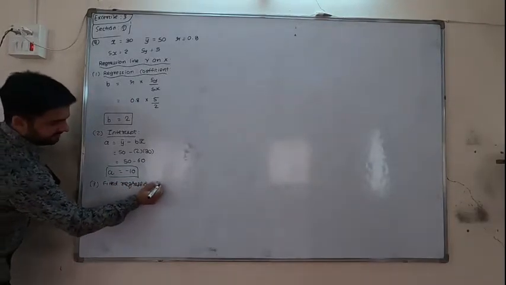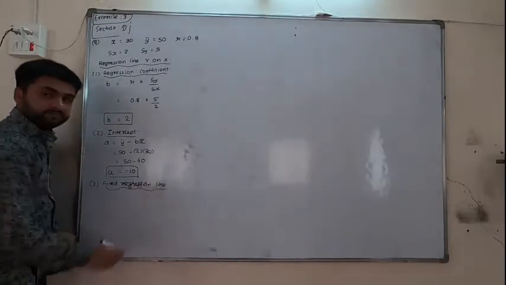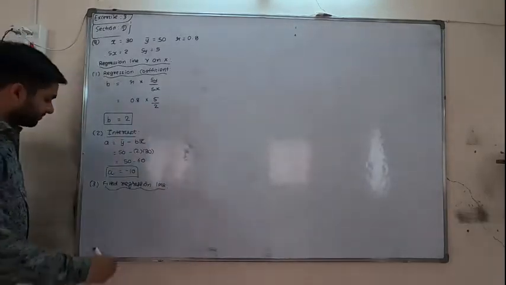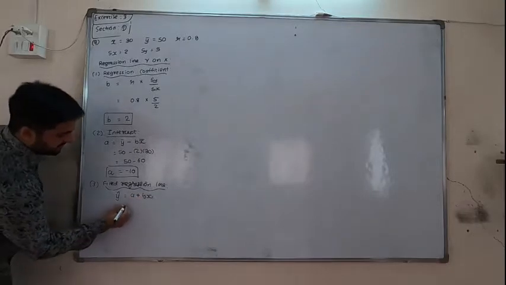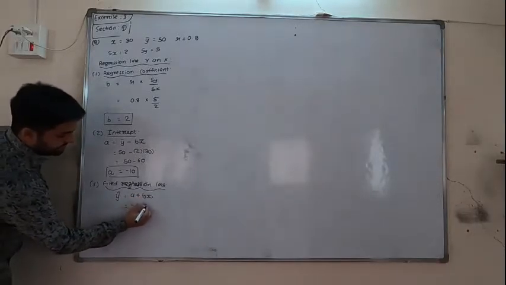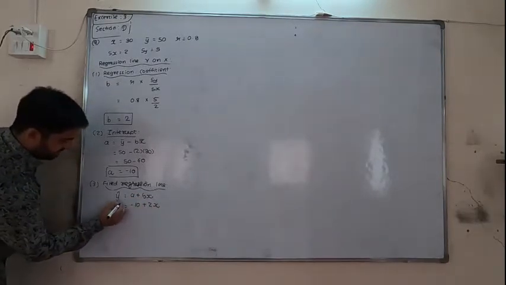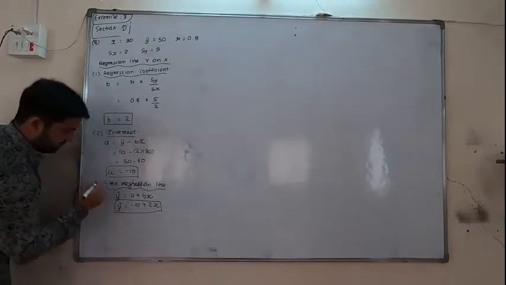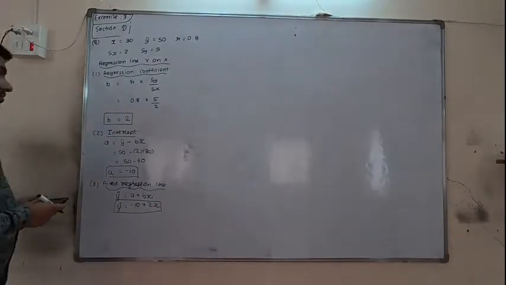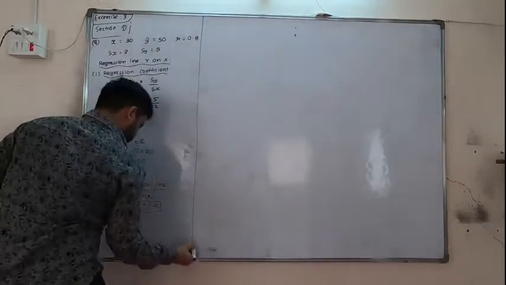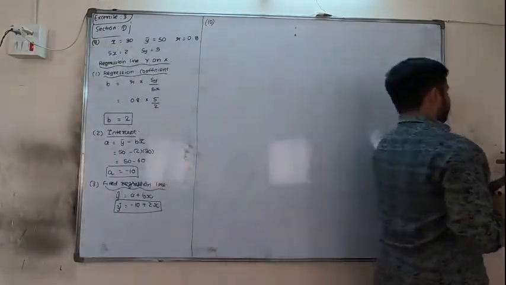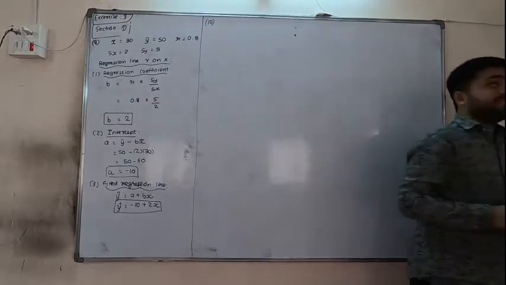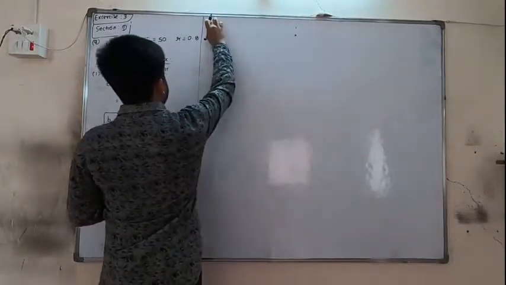Next is the fitted regression line. y cap is equal to a plus bx, minus 10 plus 2x. Hence, okay, then the sum is over, as I said.